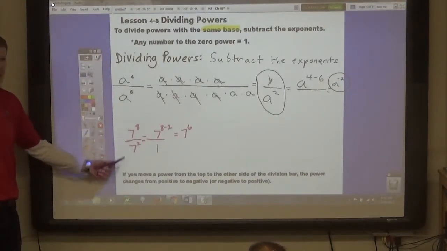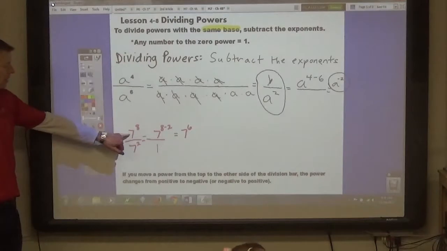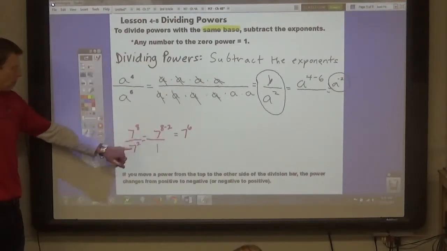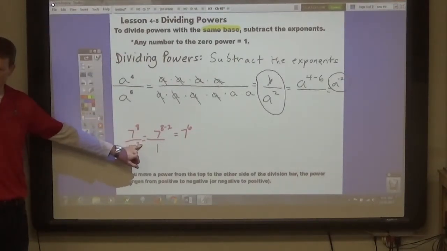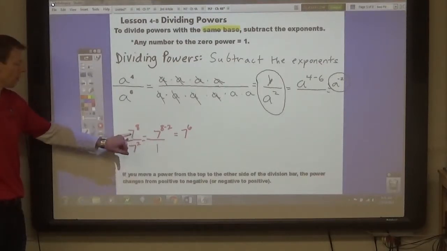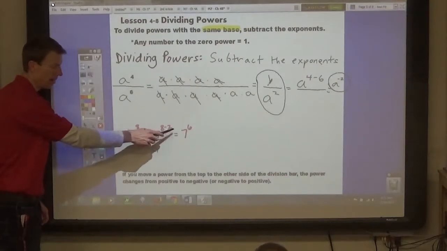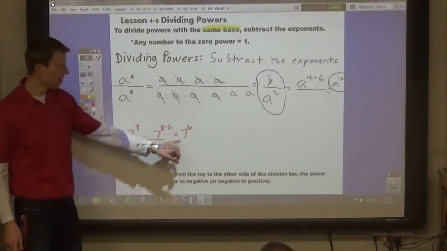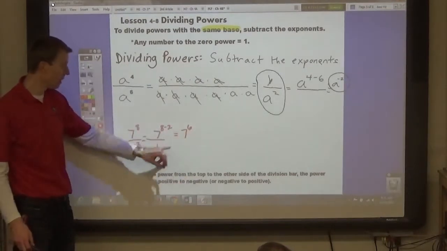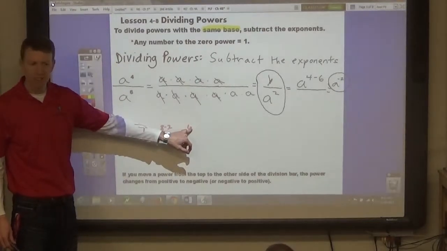Here's one with a positive exponent. Let's say you have 7 to the 8th power over 7 to the 2nd power. This is much easier to do on your calculator if you do this first. 7 to the 8 minus 2 equals 7 to the 6th power.